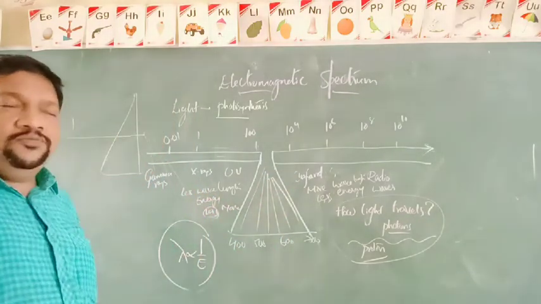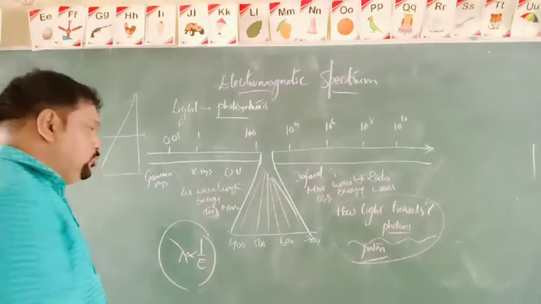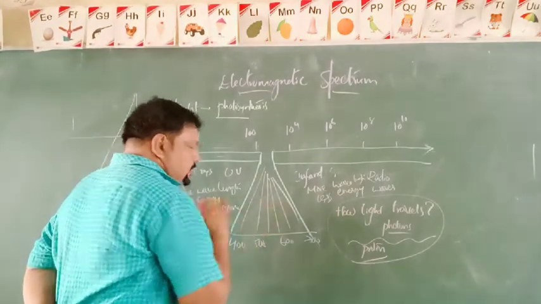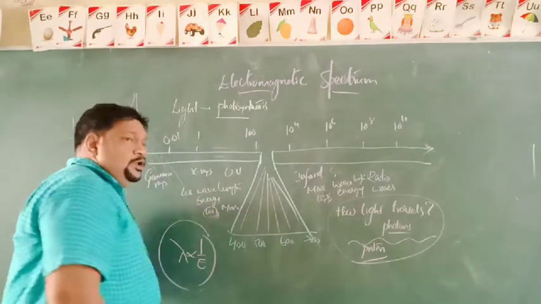What is the range of the visible zone? What is the wavelength of the visible zone? Answer: 400 to 700 nanometers.